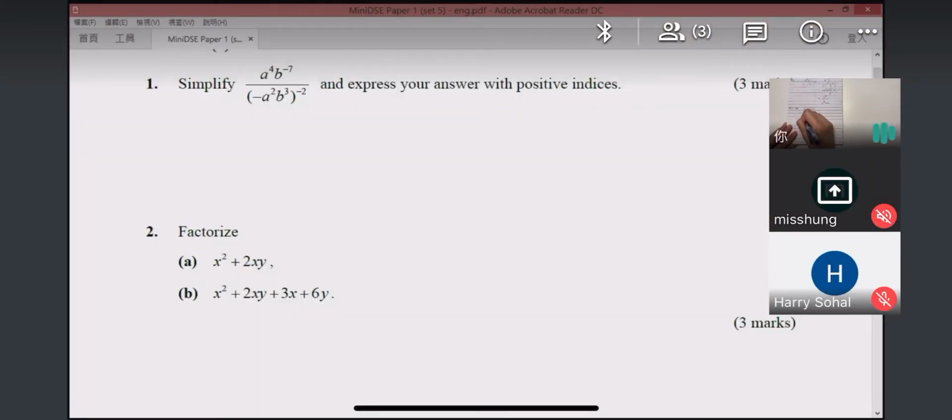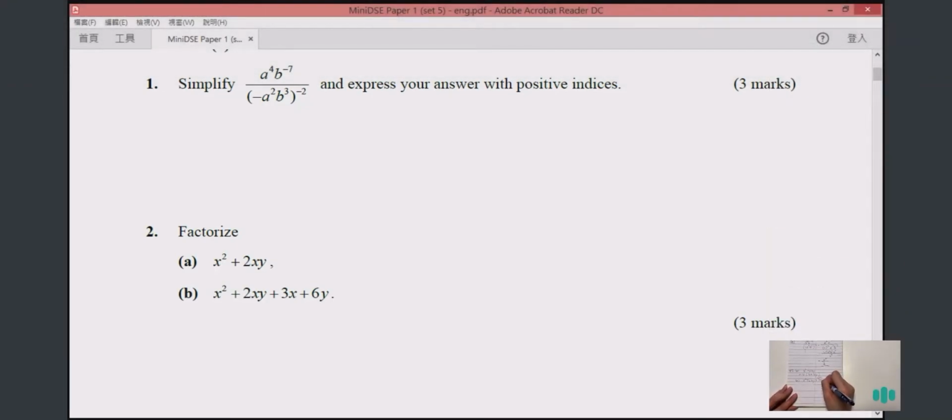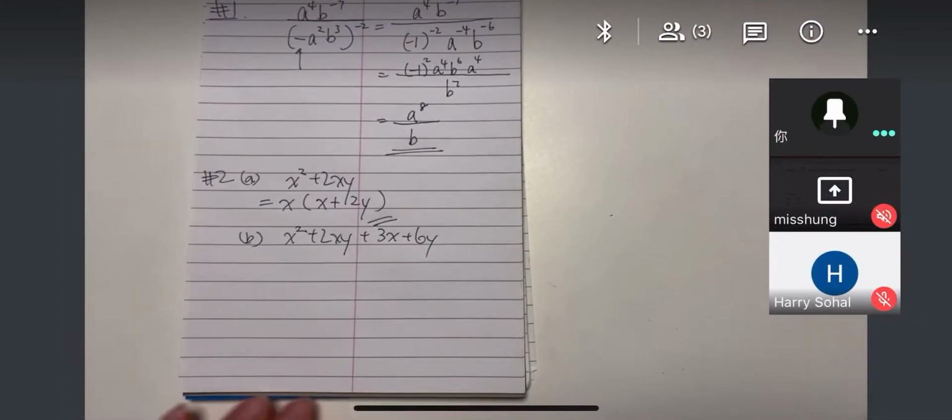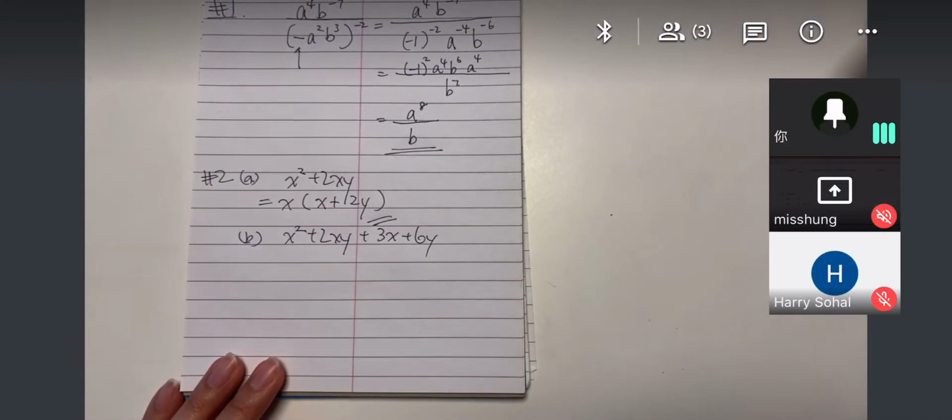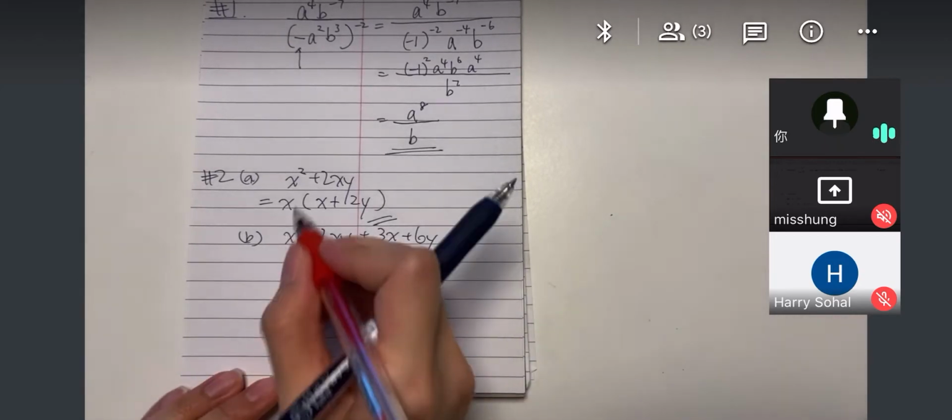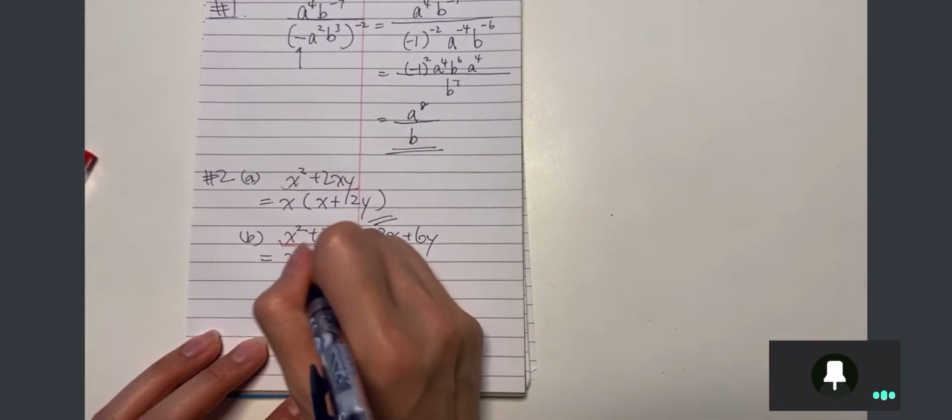For part B, x squared plus 2xy plus 3x plus 6y. And then you can see that the part repeated in part A, this one is the part repeated.